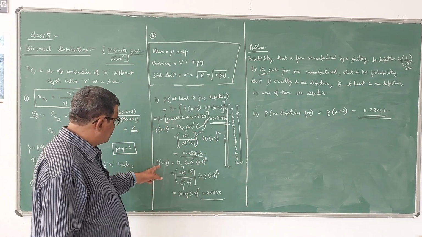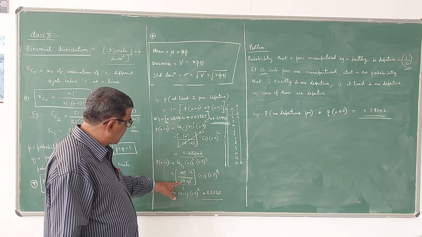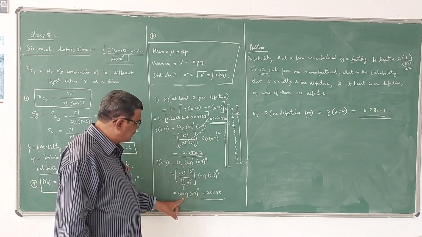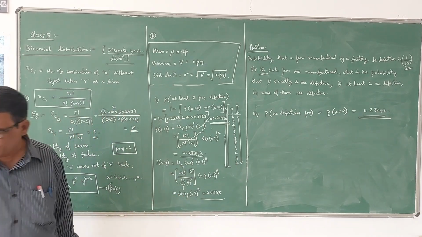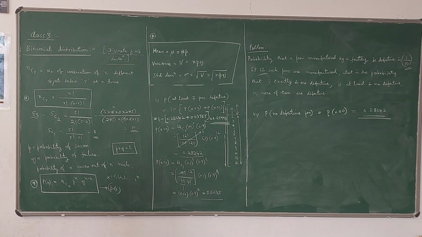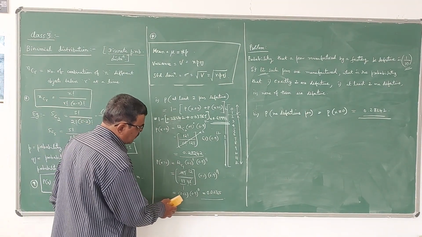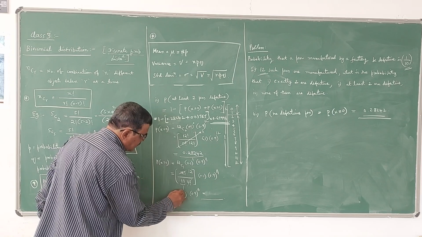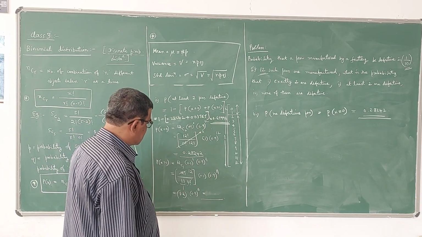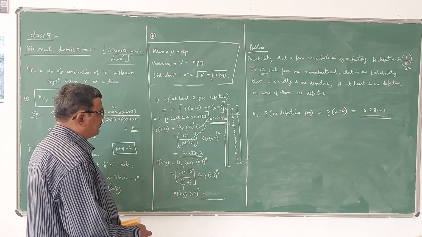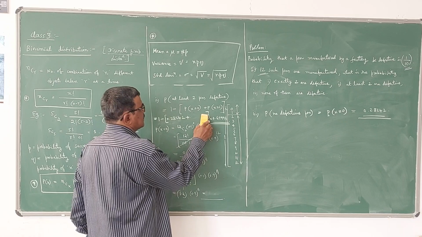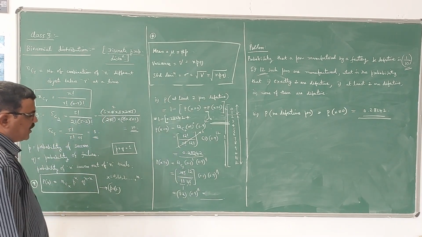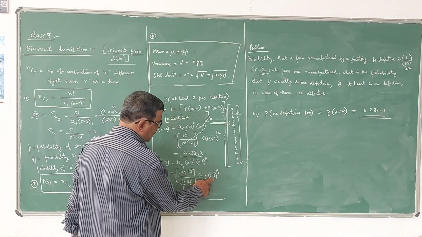Next, this is 12C1, 12 factorial divided by 1 factorial into 12 minus 1, which is 11. 12 into 0.1 is 1.2, and 1.2 into 0.9 to the power 11.